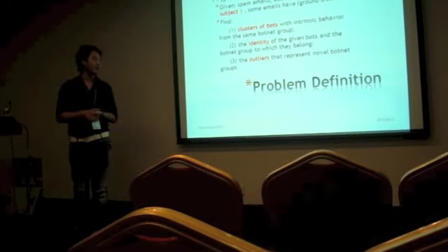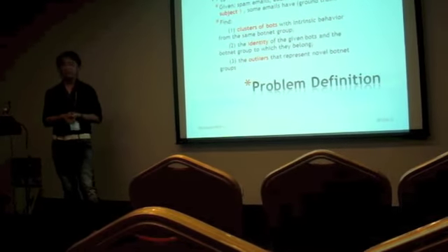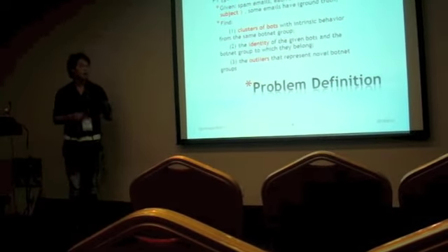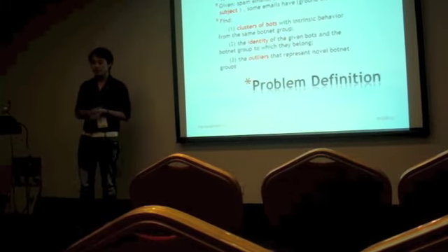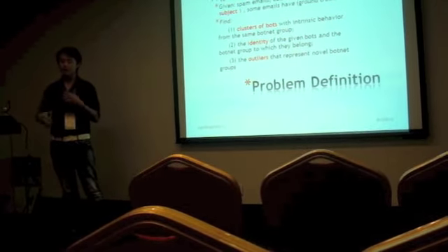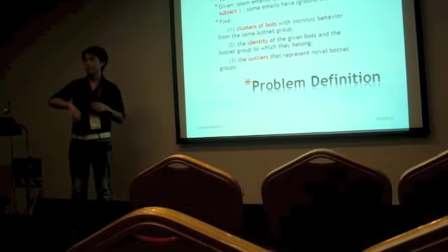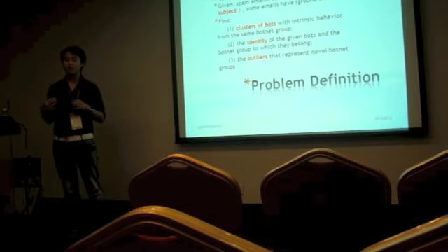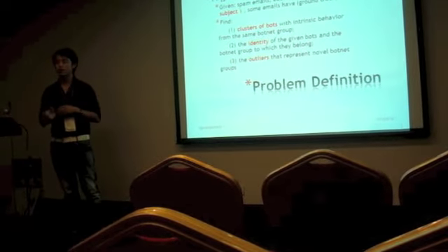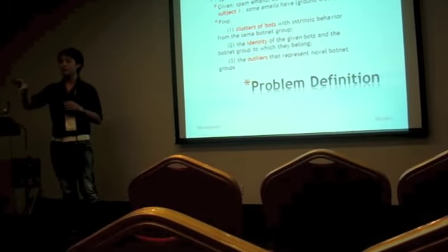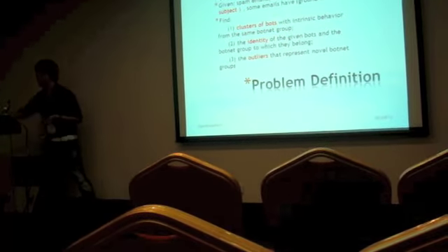Also, we want to identify the given botnet and the botnet group it belongs to. And finally, we want to find the outlier. Why? Because sometimes we collect a lot of data and a new botnet is coming, but it tries to deliver quite different topics. So we want to spot this kind of botnet.